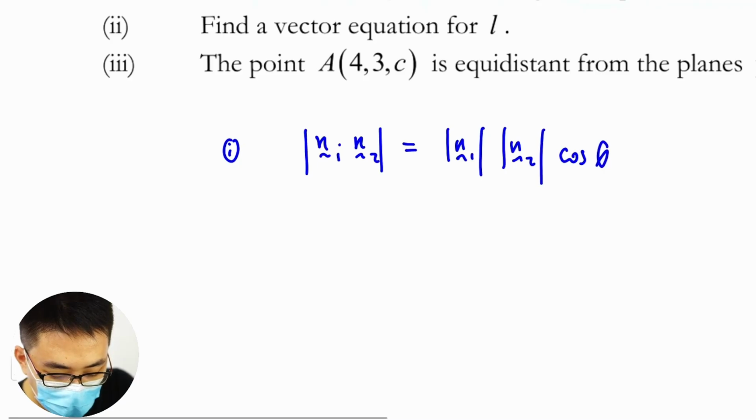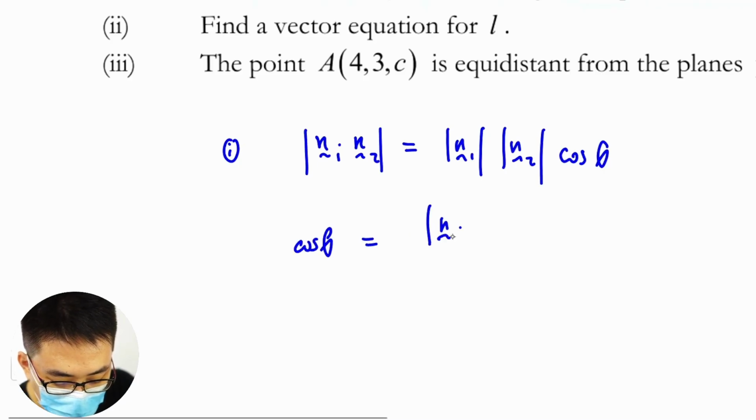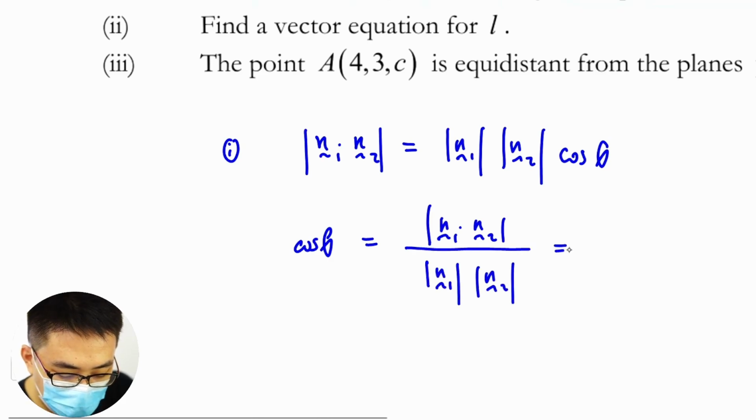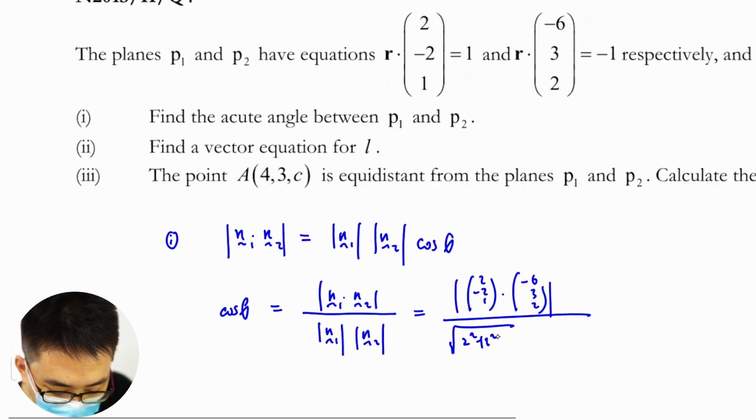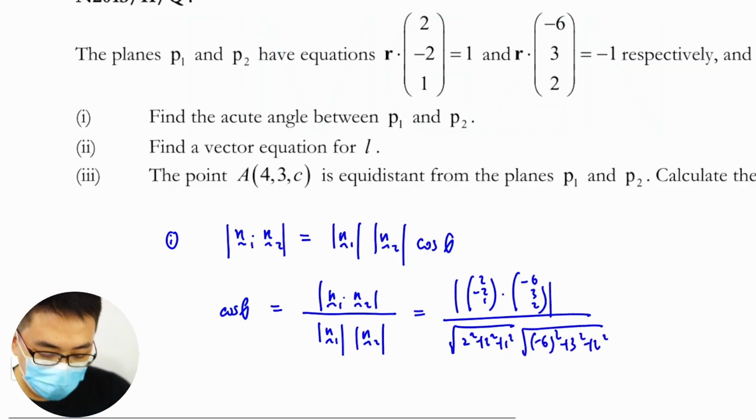So cosine theta equals n1 dot n2 over mod n1 mod n2. Here n1 is 2, -2, 1 and n2 is -6, 3, 2.